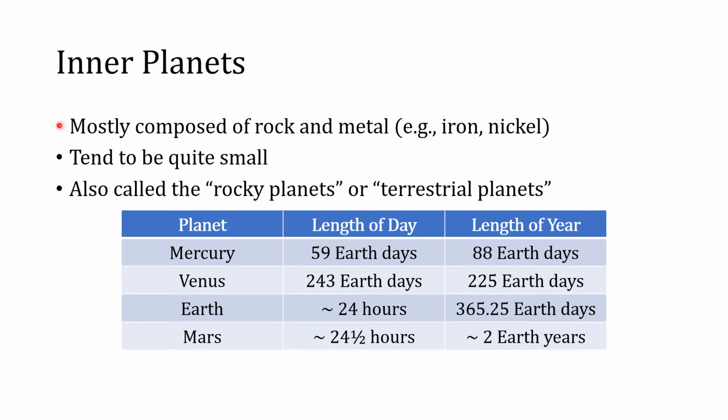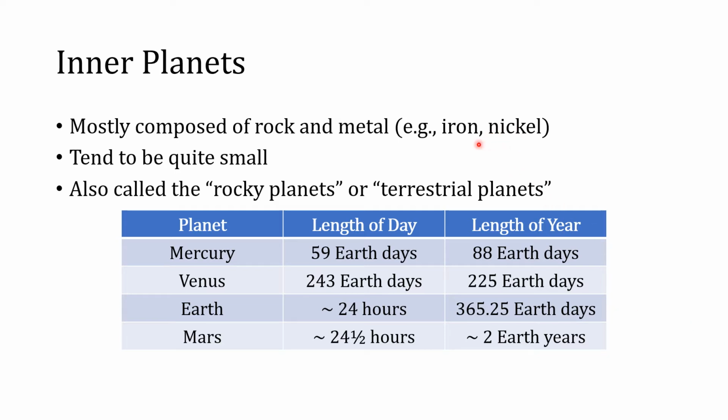One of the big ones is that they're mostly composed of rock and metal. Basically you could think of them as composed of rocks, like the kinds of rocks you find outside. Some of the rocks will have metallic compounds within them, or they're made out of metals like iron and nickel.